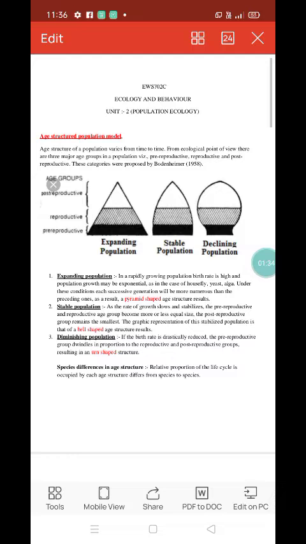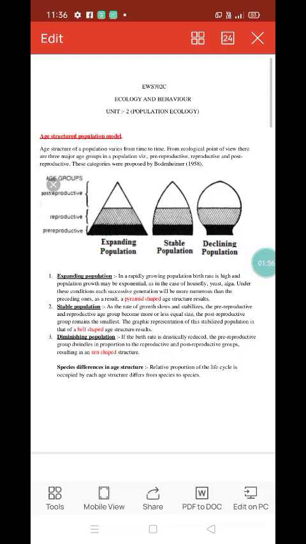the pre-reproductive age group. This is the maximum one, meaning the number of children in the population is maximum, followed by the reproductive age, that is the adult animals, plants or organisms, and finally the least one, the post-reproductive.